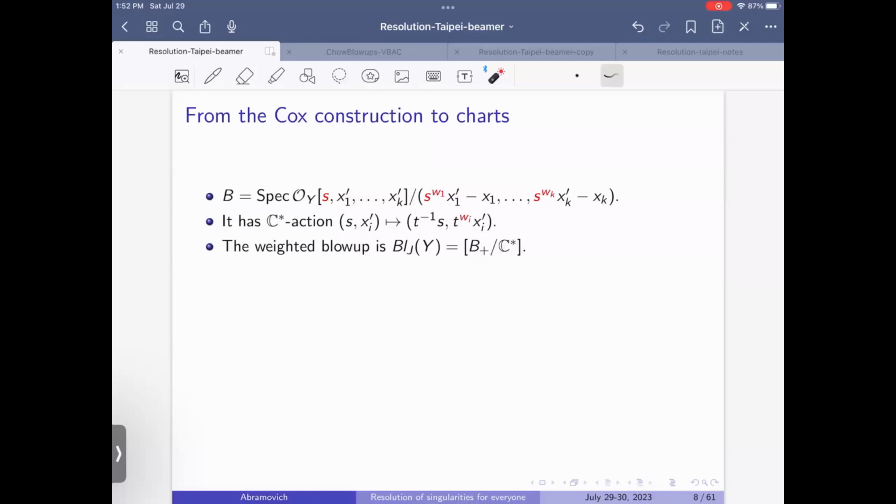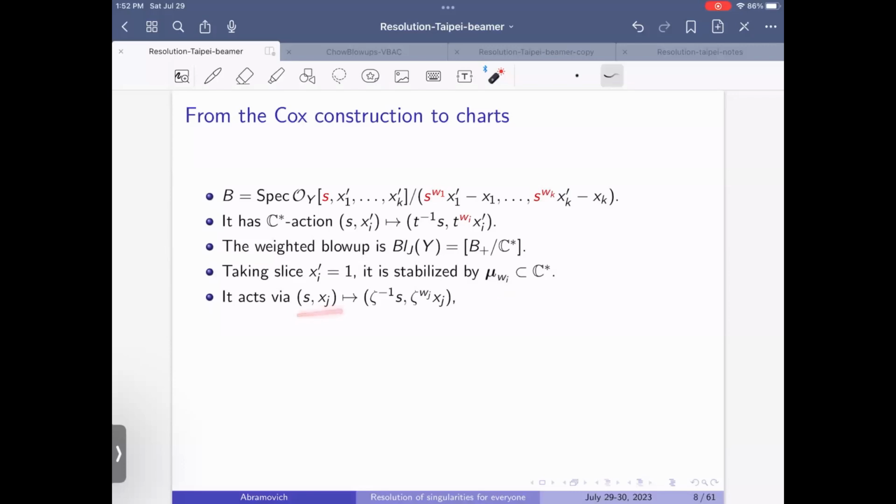So I just copied the definition. Let's take the slice where xi prime equals 1. This time, xi prime equals 1 does not kill the entire C star action. There's still a remaining subgroup that fixes the locus xi equals 1, which is the group of roots of unity of order wi. Since the action on xi is by t to the power wi, roots of unity act trivially.